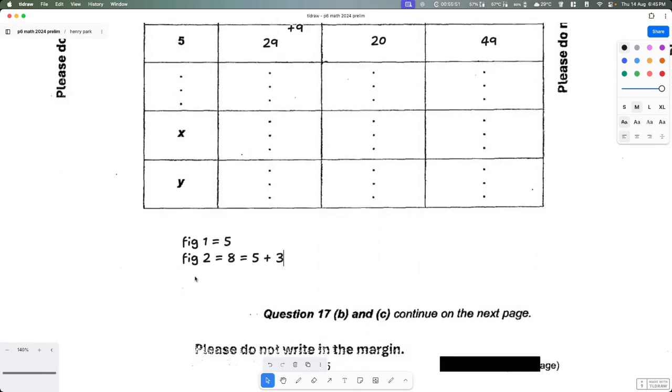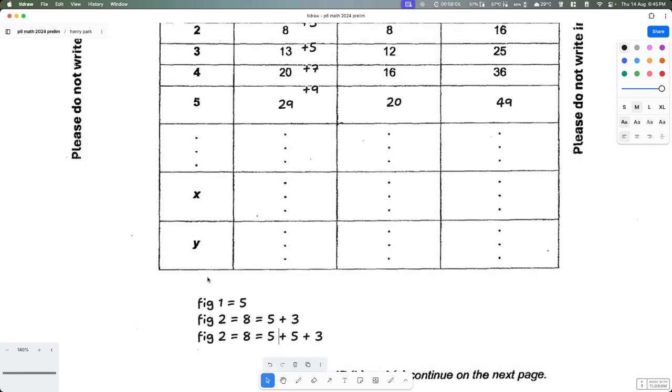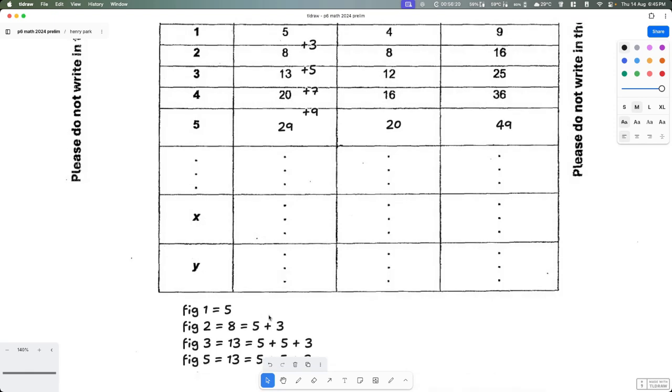Then figure 3 will be 13, which is basically 5 plus 5 plus 3. Let's see if this works. This is 13, then this is figure 3. Then figure 4, sadly, it's not like that. Figure 4 is 20.